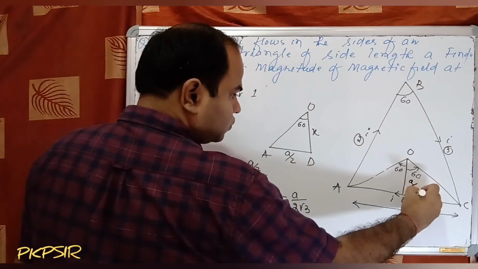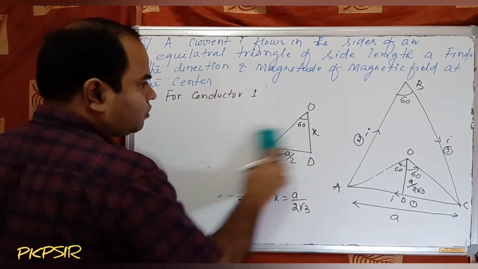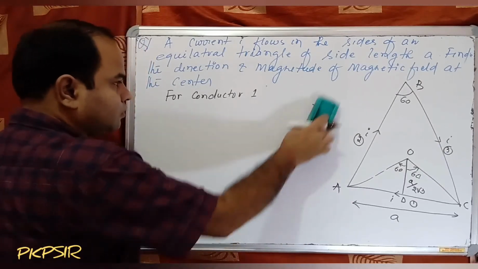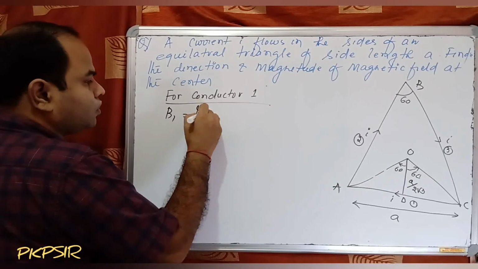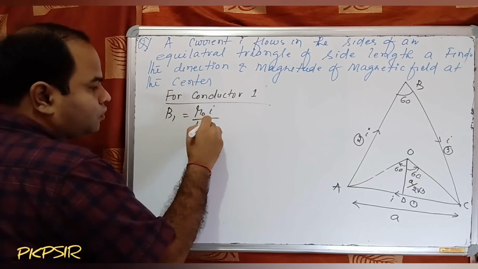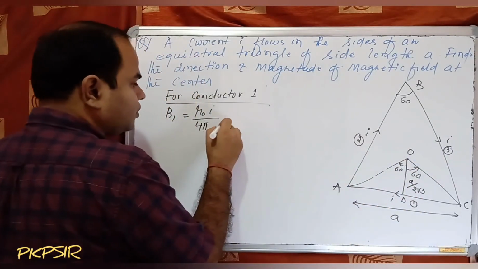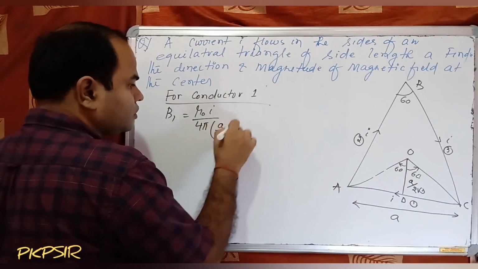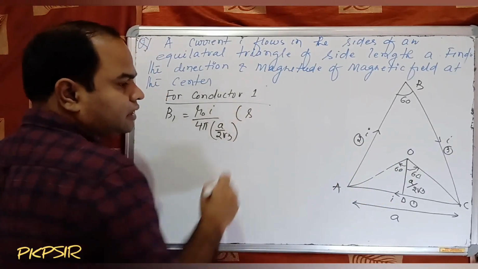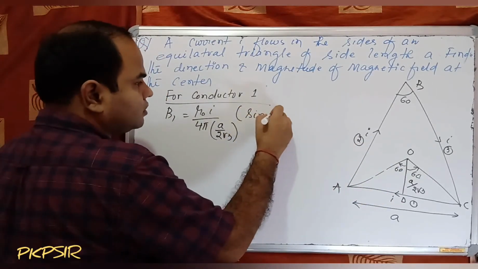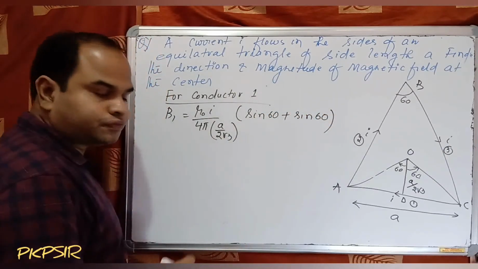As per the formula, for the first conductor B1 is mu naught I by 4 pi, divided by the perpendicular distance A by 2 root 3, times sin phi 1, which is sin 60, plus sin phi 2, which is also 60.